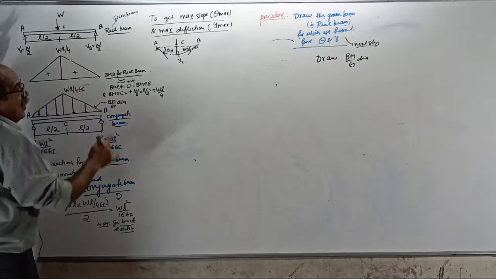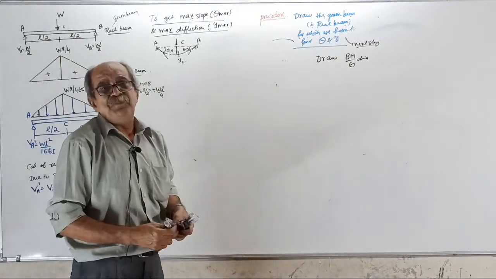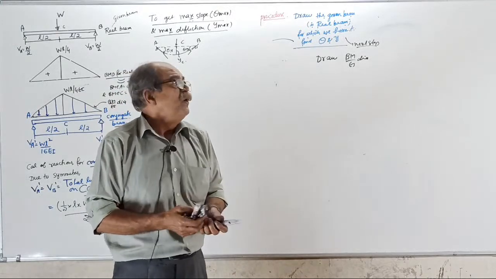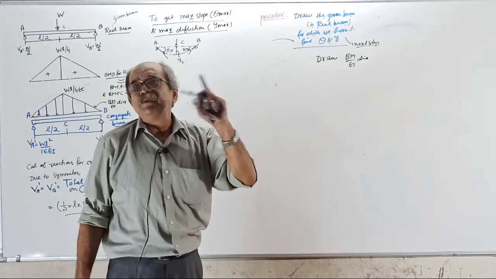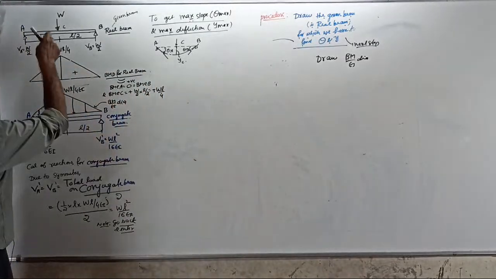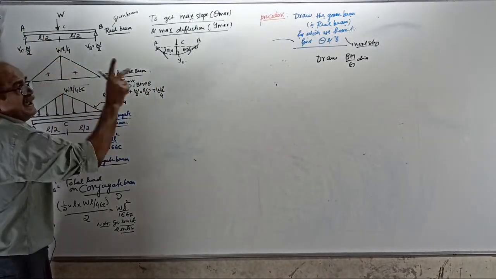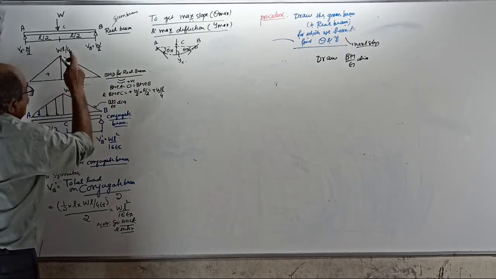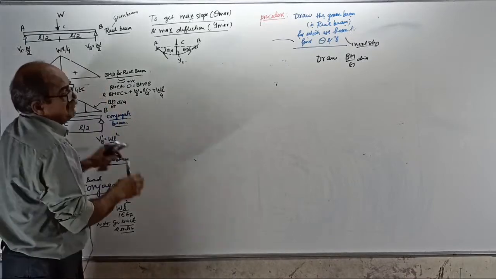Make a note. To get the BM by EI diagram, the variation is the same as BM. Every ordinate is to be divided by EI. And once again, the shape will be the same as the BMD if EI is constant. But that is a BMD, this is the BM by EI diagram.